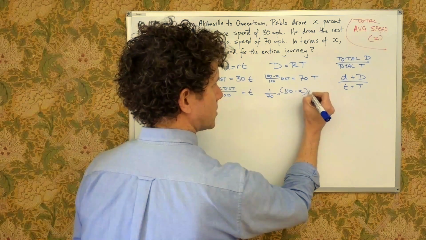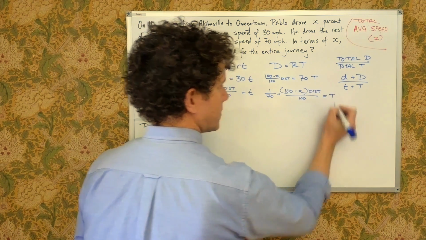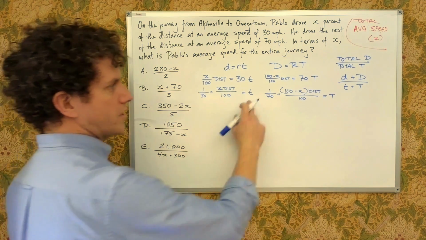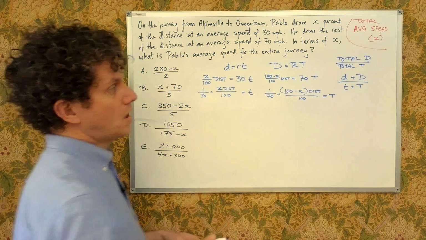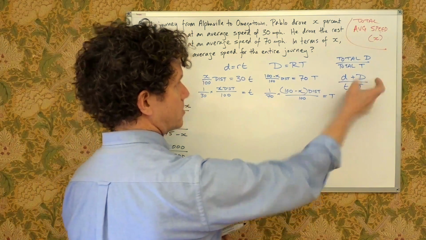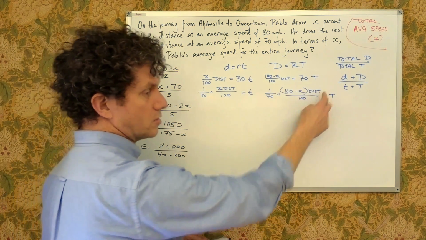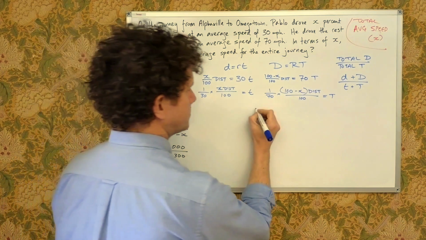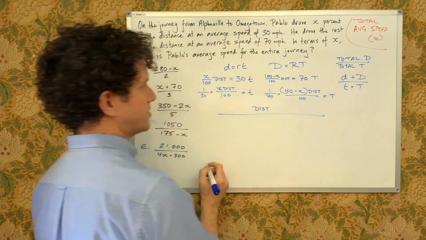That is a term, a quantity, distance over 100. That's our other time. We can add these two together, and that will give us the denominator of the thing that we're looking for. How to find our little d and our big D, we don't need to, because we've sort of invented the term dist, which is our total distance. So that's our numerator. Now I've got a monstrous fraction.